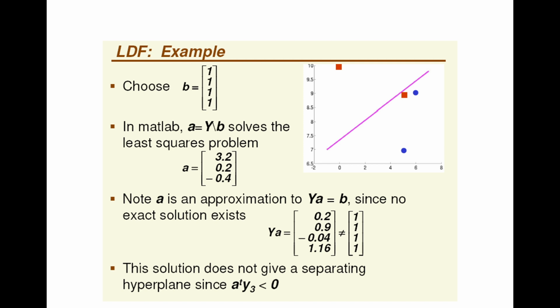Whenever you go for the minimum squared error, the outliers will always influence a lot. So this outlier will try to pull the line towards it based on its presence. That's why the line comes over here, and because of that, this red square got misclassified.